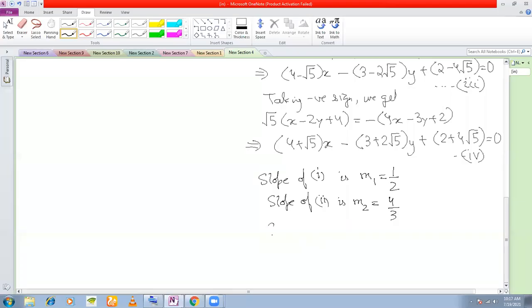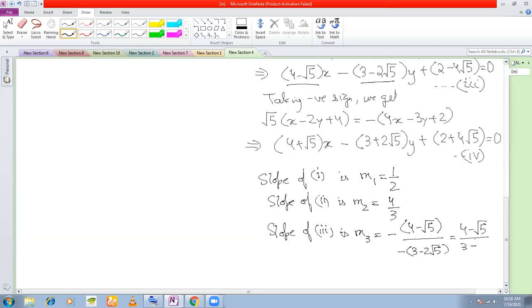Okay. Slope of line 3, the first bisector, call this m3, minus coefficient of x by coefficient of y, right? So simply get minus 4 minus root 5 by 3 minus 2 root 5.